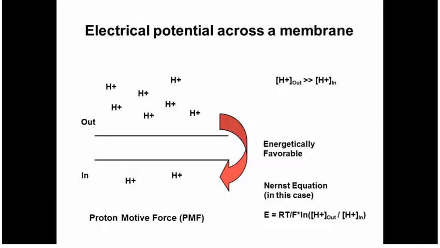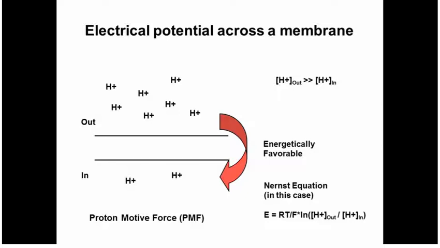The absolute concentration of protons on one side and the other is not really important. If you've got, I don't know, 1 molar out here and 0.9 molar here, it's not going to be very good. If you've got 10 millimolar here and 10 micromolar inside, that's going to be much more effective. It's the ratio that is going to allow you to get a better potential difference.